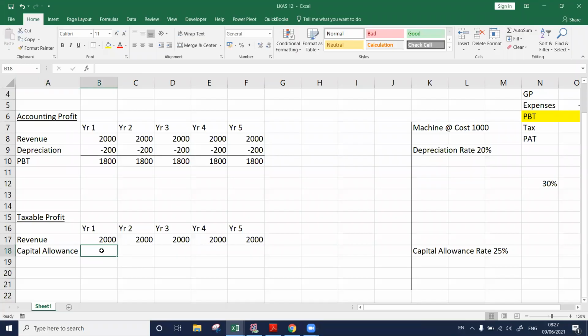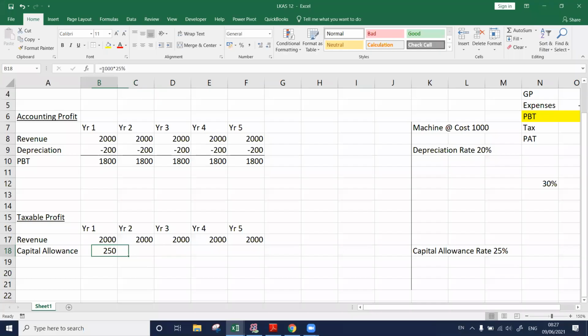Then how should it appear here? In the first year, how much can we deduct as capital allowance? Out of this 1000, 25%. Where did 1000 come from? The cost of the machine. 25%, 250. In year 2, again the same amount, 250. Like that, for year 3 and year 4 also we can deduct 250 as capital allowance when computing the taxable profit.